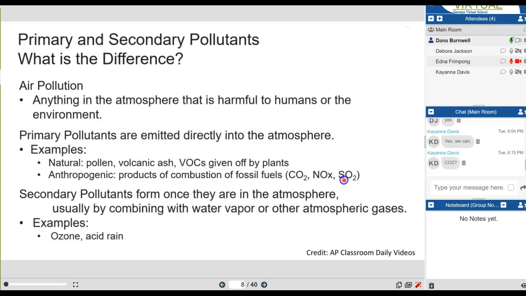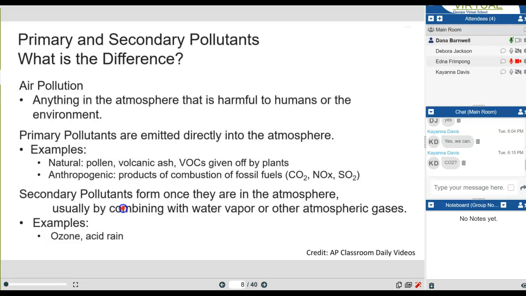And here you have sulfur dioxide, and we're going to talk about sulfur dioxide today in terms of acid rain. But you can also talk about NOx and SOx, where instead of just the 2, maybe you have a 3 here, so to call them generically an SOx would just infer to the reader that it's a combination of the different components that are there. So those are your primary pollutants.